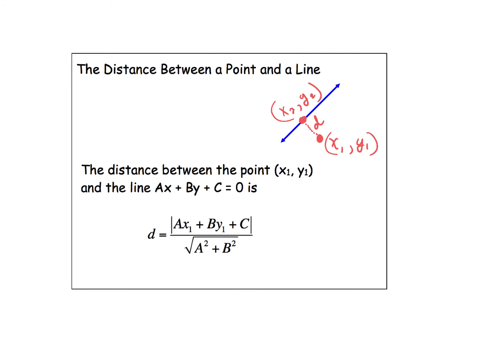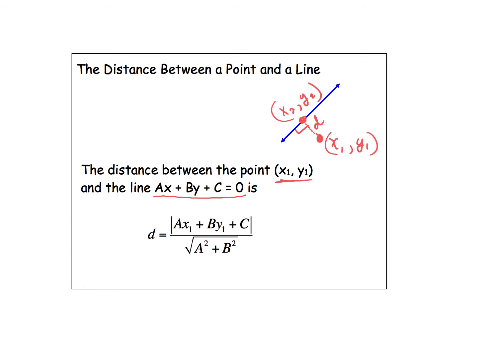Okay. We are then using an equation of the line in this format, ax plus by plus c equals 0. So it's important that we rewrite it to that format. So we have our a, our b, and our c. The point that we are looking for, x1, y1, is the point that stands alone. That is not on the line. The distance between the two of them, again, is perpendicular.